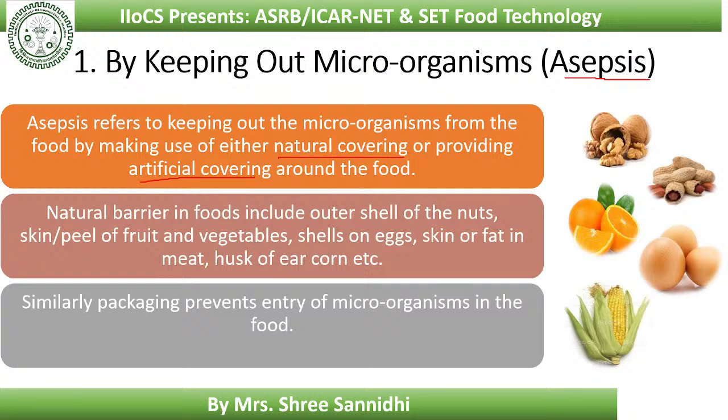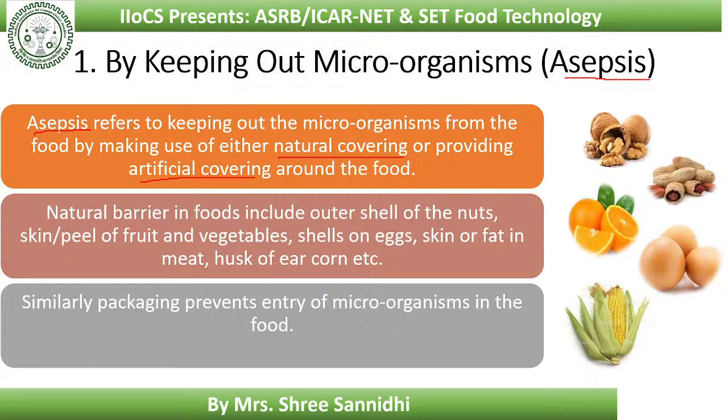In asepsis we completely avoid the contamination of food with the microorganisms. So food should not be coming in contact with any kind of microorganisms. So this is called asepsis.